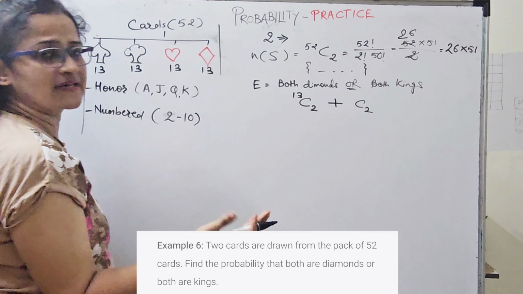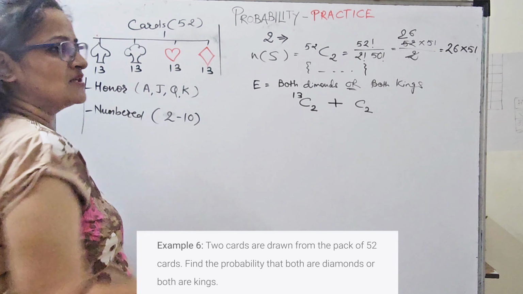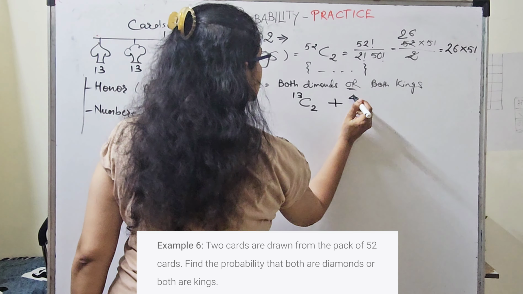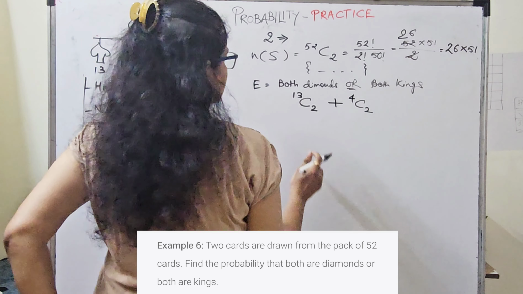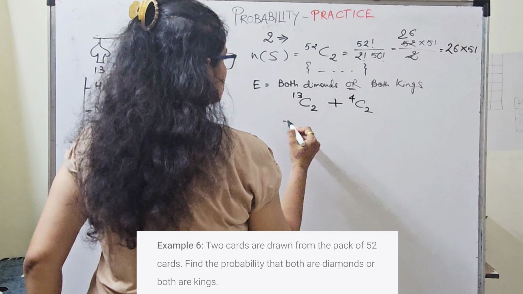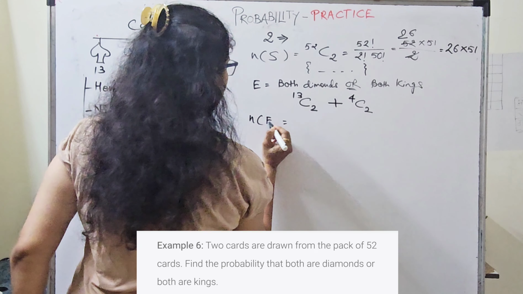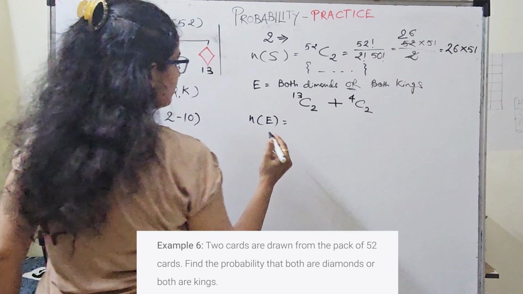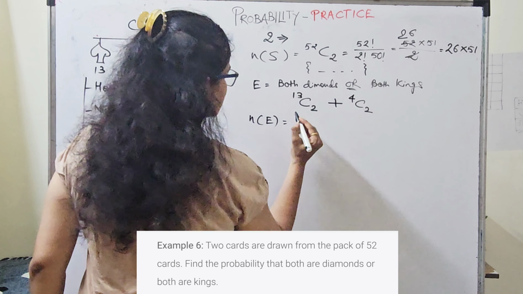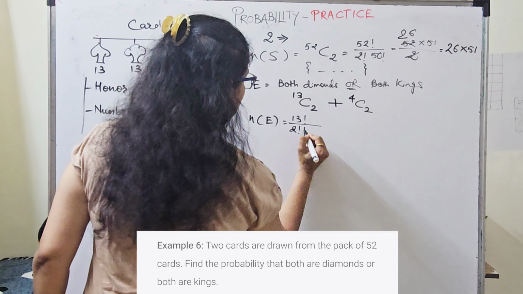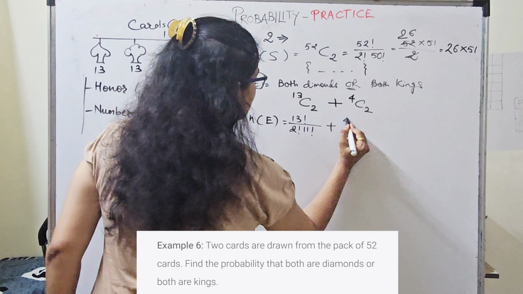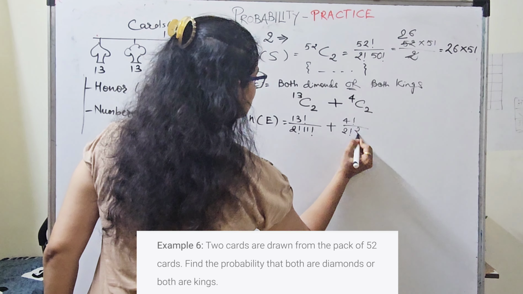How many kings are there? 1 king in each suit. So in total there are 4 kings in all the total 52 cards. Okay, 4 kings are there. So when you solve this, you get N of E, correct? What is N of E? I am not going to solve this completely. Just a hint: 13 factorial divided by 2 factorial into 11 factorial, plus 4 factorial divided by 2 factorial into 2 factorial.